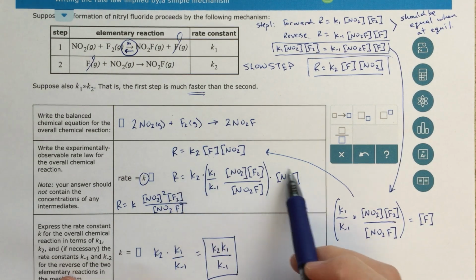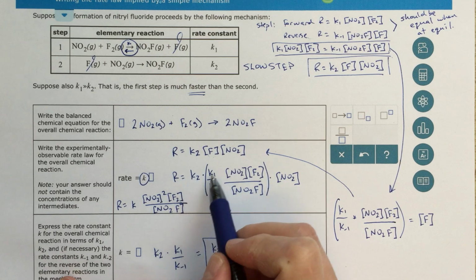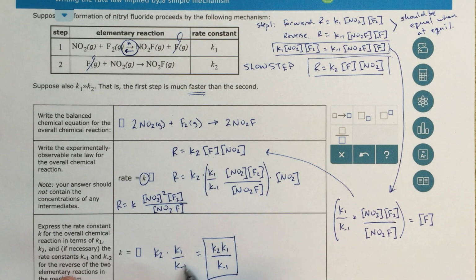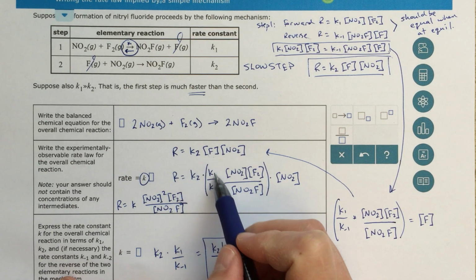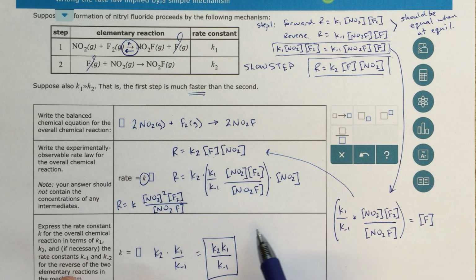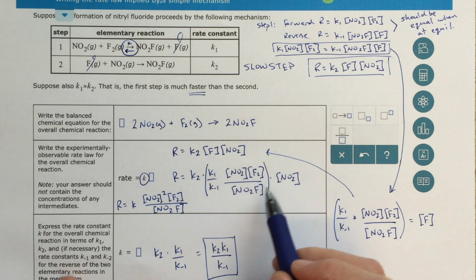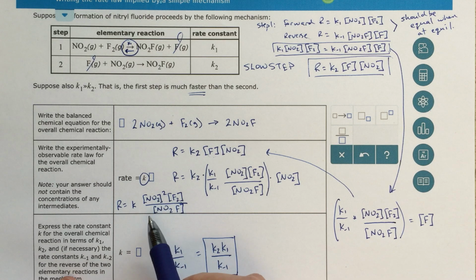That gets me to here. Simplifying that, I'm going to group all of my constants together, and that's really the answer to the bottom part. And then simplifying this, just multiplying NO2 squared, that gets me this answer here.